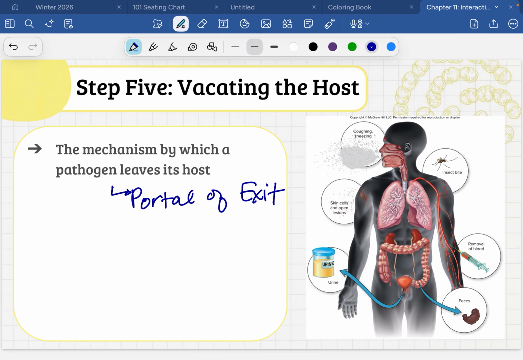Okay, so some of our most common portals of exit, a lot of these should be pretty intuitive, right? So coughing, sneezing, any kind of fluid, for lack of a better word, exiting your respiratory cavity is going to be a huge portal of exit, particularly for respiratory pathogens.